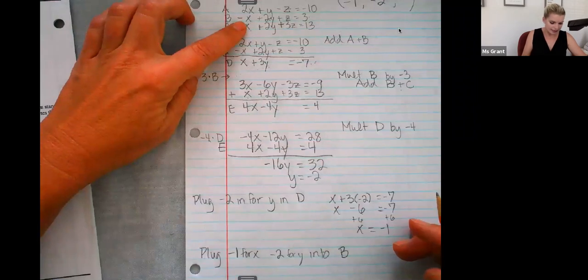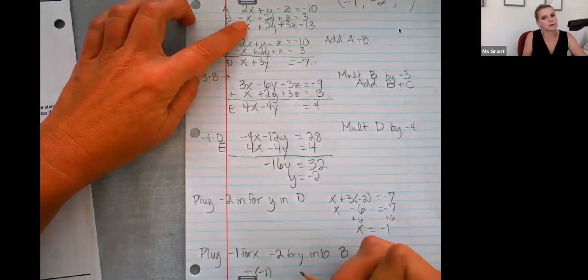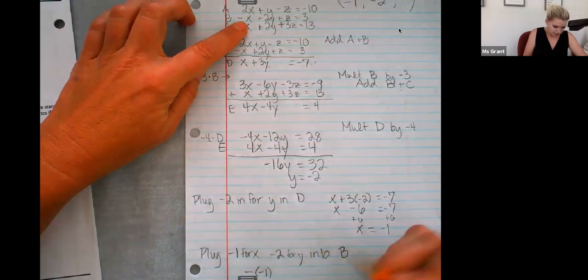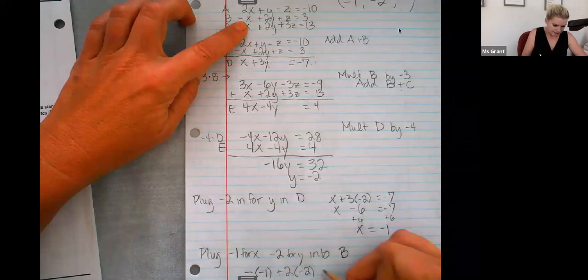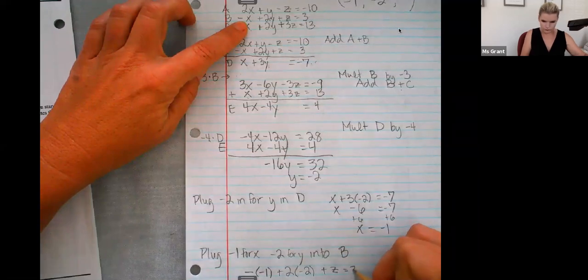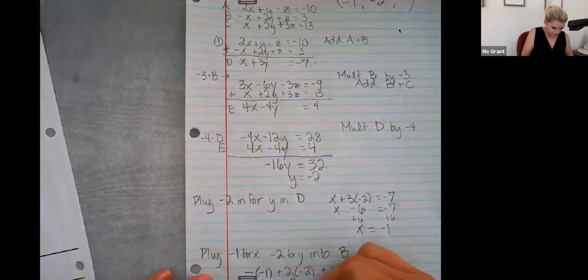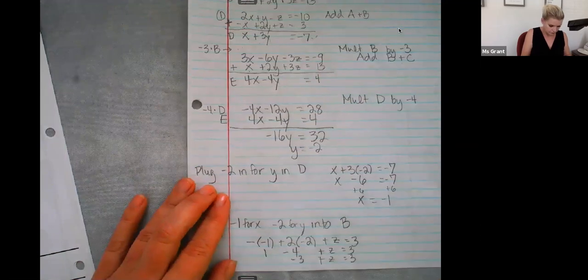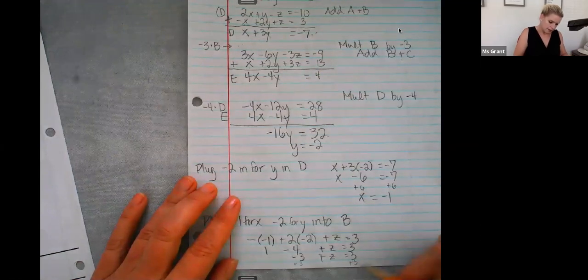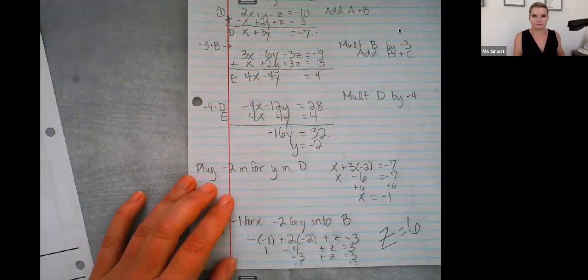Yeah, kind of. -X. -X, be careful, plus 2y, -2, plus Z equals 3. 1 minus 4 plus Z equals 3. -3 plus Z equals 3. Add 3. Woohoo! Z equals 6. What do you guys think?